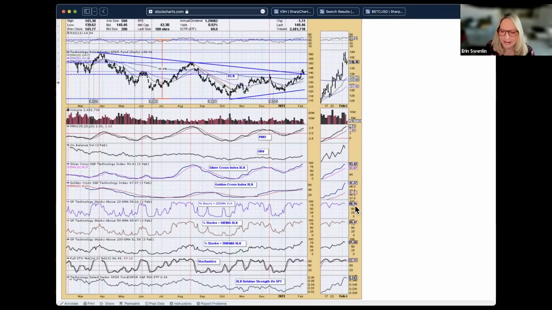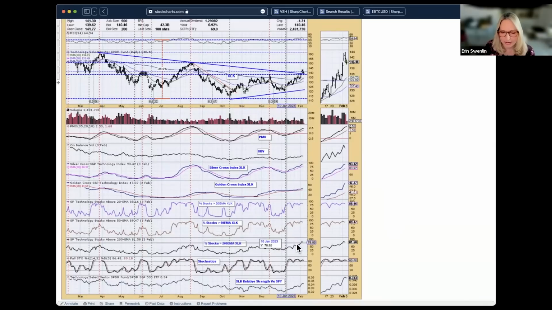We have 88% with price above their 20, almost 90% with price above their 50. And honestly, a whopping 81.58% above their 200-day EMA. This sector hasn't seen numbers like this, particularly on price above the 200-day EMA.